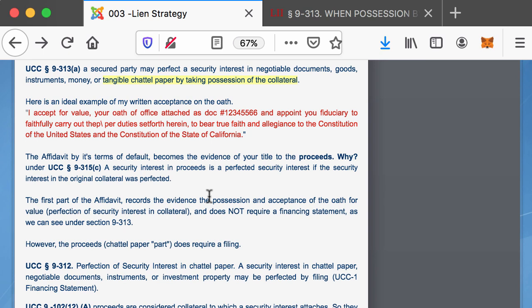Go down to the county, get a certified record of the public official or deputy, whoever you're dealing with, get a certified record of their oath. And then on a separate piece of paper attached to it: I accept your oath of office attached as document number whatever, and appoint you fiduciary to faithfully carry out the duties set forth herein.